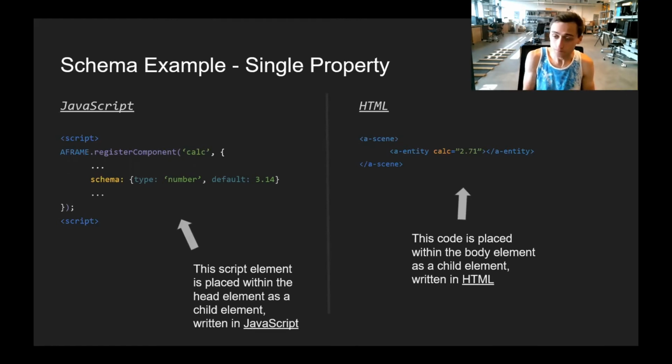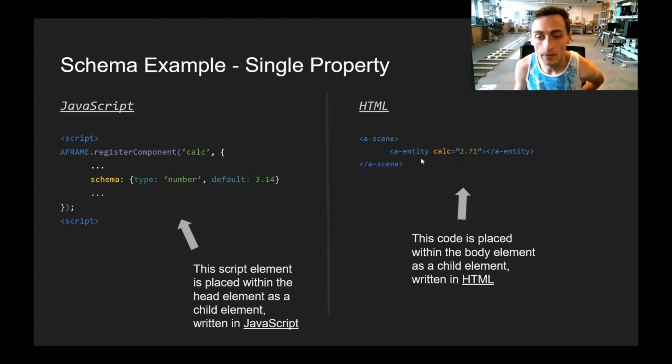In this case, we just want the user to give it a number. I can also define something called a default. The default is really handy because if the user forgets to assign a number to that attribute or component once I define it, it'll just give the 3.14 value to it automatically.